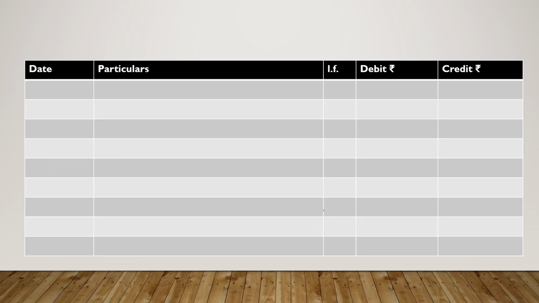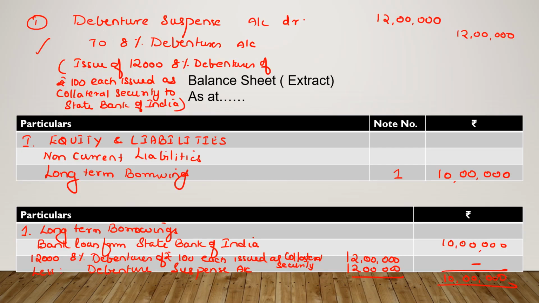So first thing, the journal entry that would be passed at the year end, 2021 or 2022, whatever is the year they have given, is that you would be first reversing the entry passed. In case the entry was passed like this, you have to first reverse this particular entry. If no entry is passed, as in the first case, nothing is to be done. But if journal entry was passed when the debentures were issued as collateral security, remember to reverse that entry.